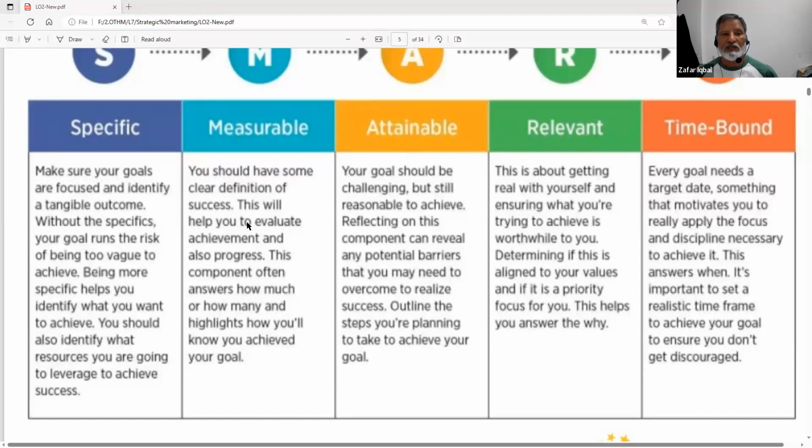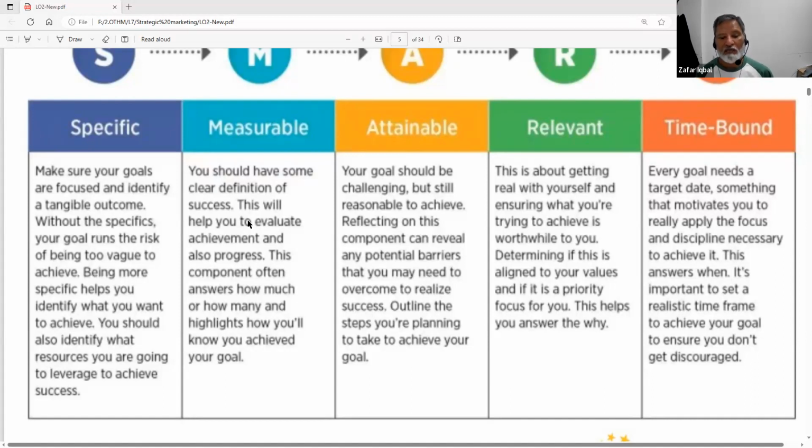In other words, it's got to be specific objectives, and they've got to be measurable in terms of, for example, percentage terms, or the actual measurement, the yardstick that we're going to determine. And this component answers how much or how many and how you will know what you have achieved so far. So you should have some clear definition of success.